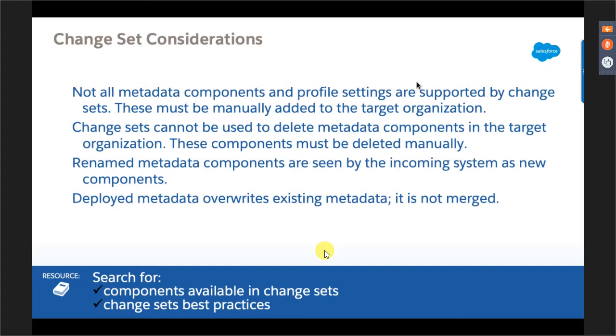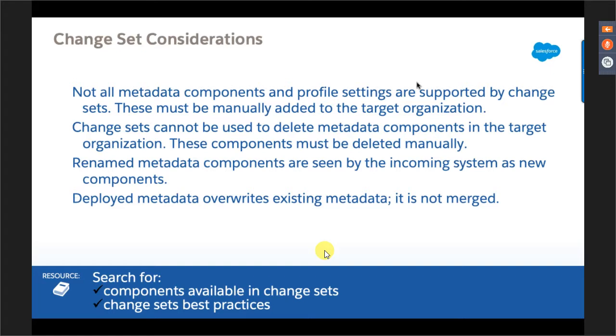Renamed metadata is going to be brought in as brand new data. So you'd essentially have created it twice if you brought it in the first time and thought, oh, we need to change the name of that. Know that deployed metadata overwrites it. It is not merged to the data.